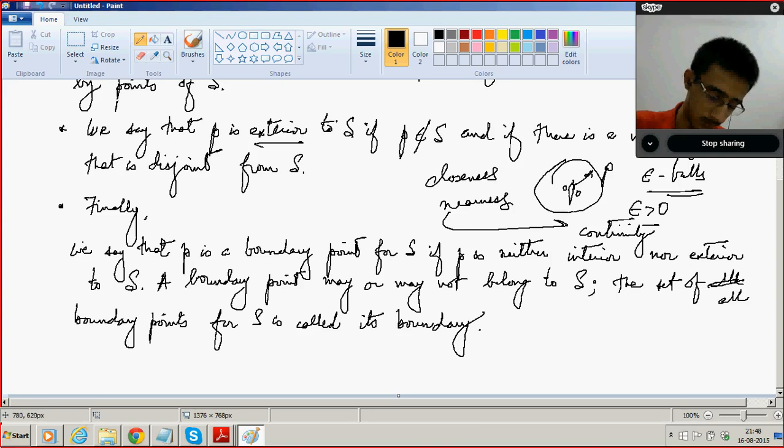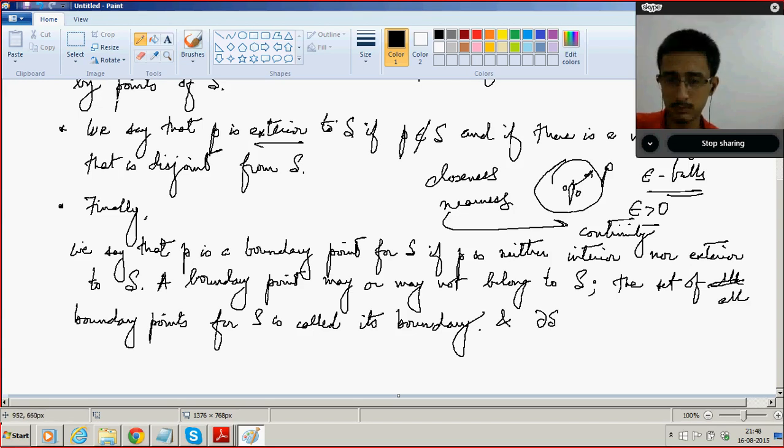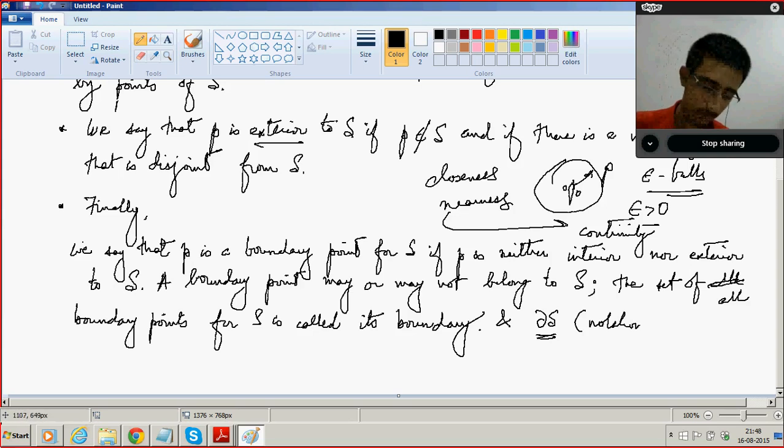Right? And we will use the notation del S for boundary. Notation del S. Okay?